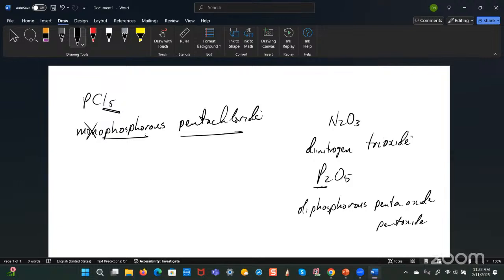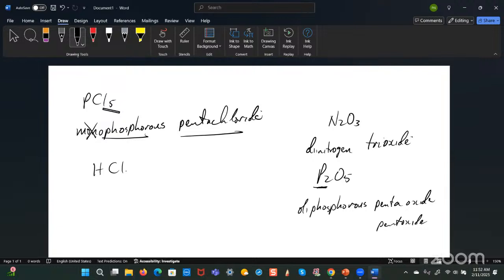The other exceptions are compounds that are binary molecular, but one of the elements is hydrogen. For example, HCl. According to IUPAC rules, in this case, no prefixes are used whatsoever.